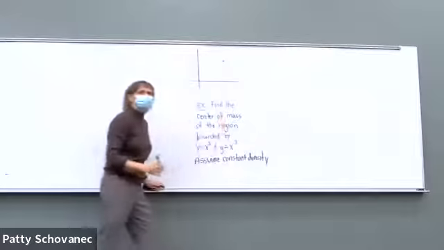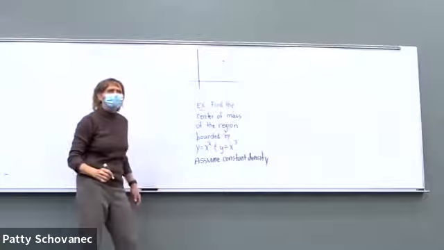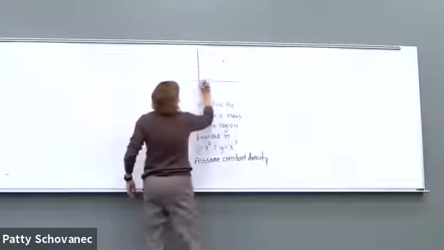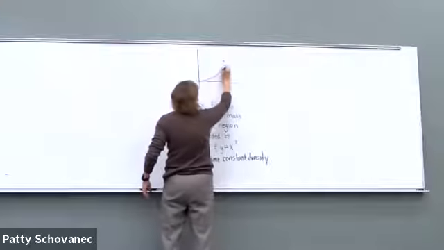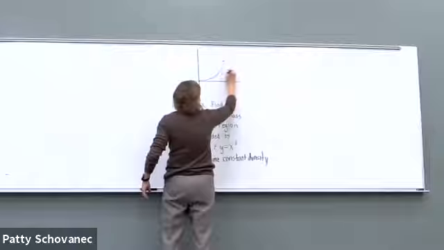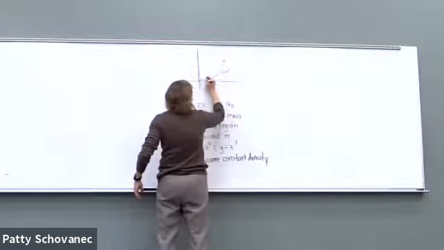Which one's on the bottom between (0, 0) and (1, 1)? x cubed is. They almost have the same shape in that interval. So there's y equals x cubed, and then here's y equals x squared.